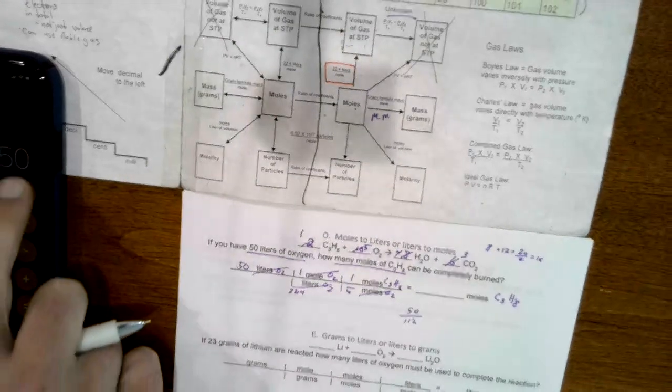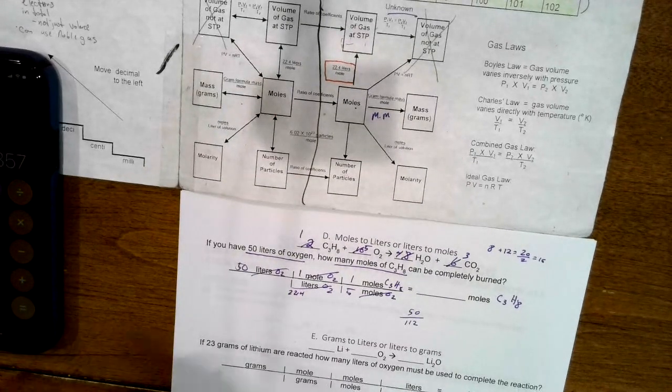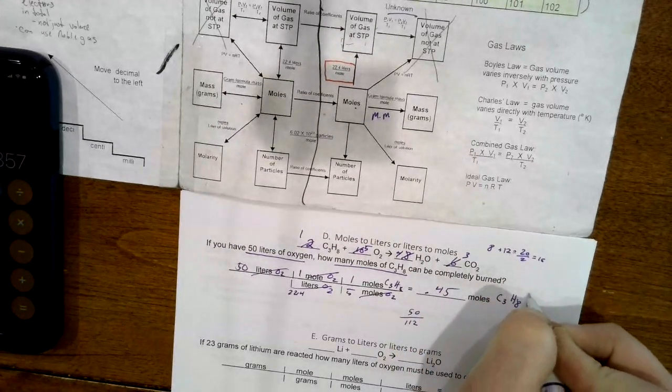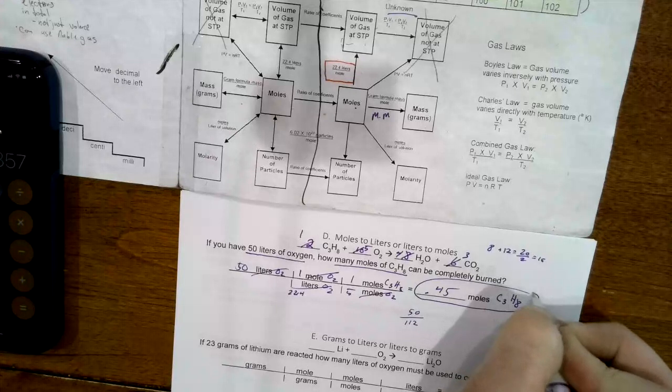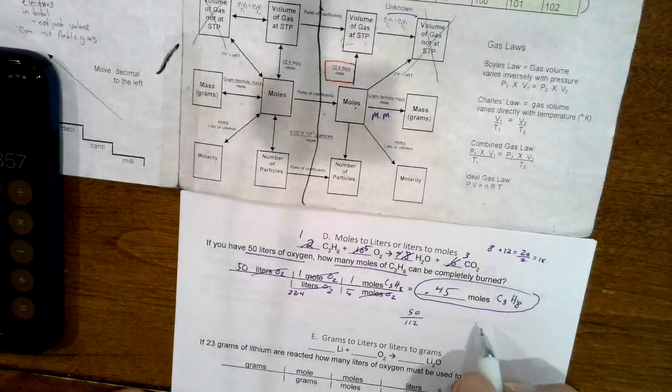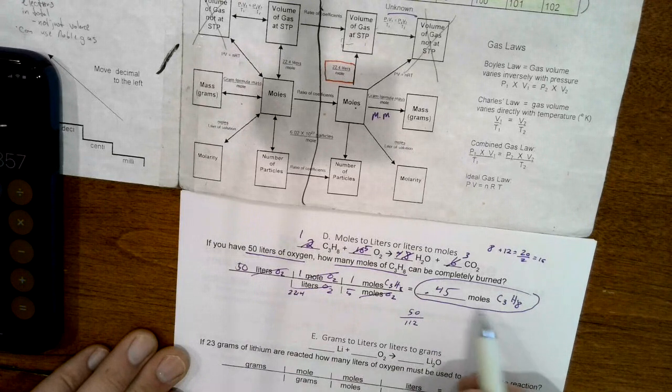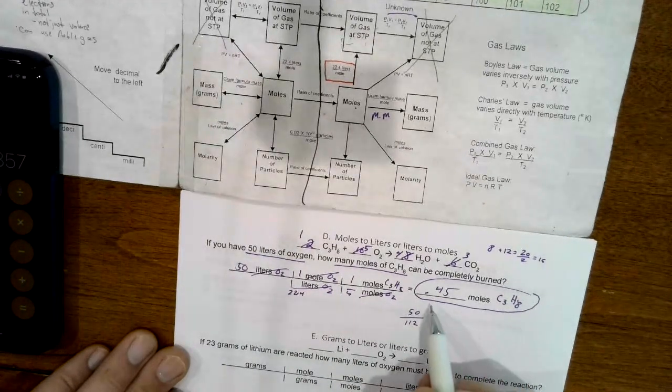So then you go 50 divided by 112 equals 0.45 moles of C3H8. So if I have 50 liters of oxygen, I would have to burn at least almost a half a mole.